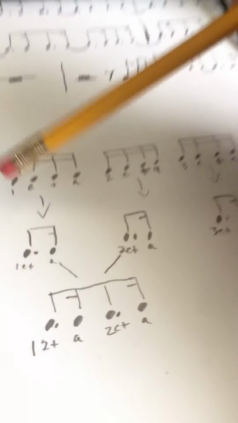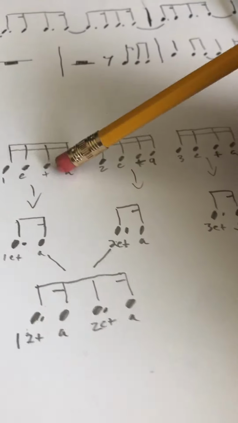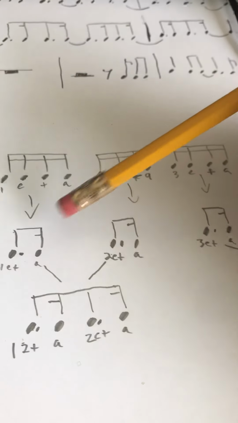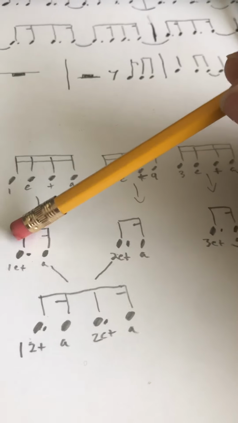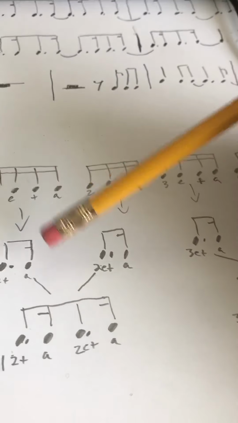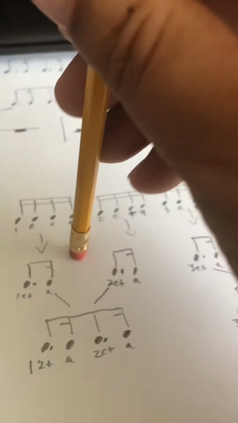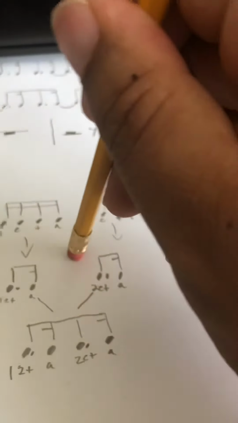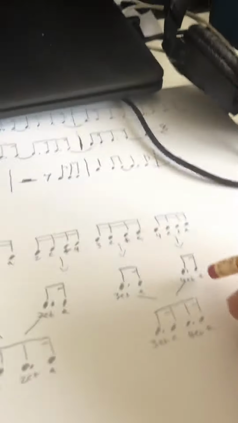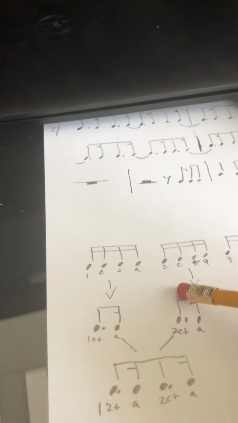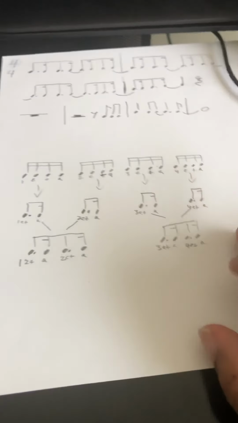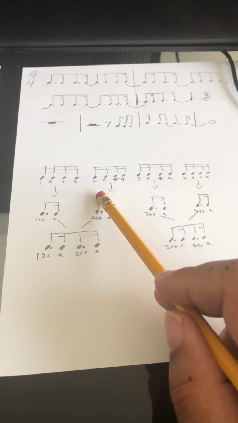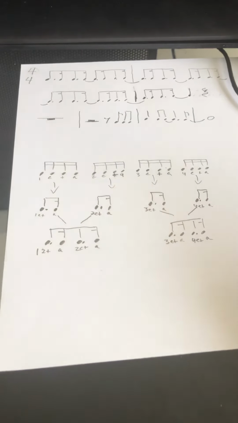All right. So these first three, 1 E and, would now come together, and then this would be lone by itself. So it would be 1 E and, 1 E and, 1 E and, 2 E and, 3 E and, 4 E and.